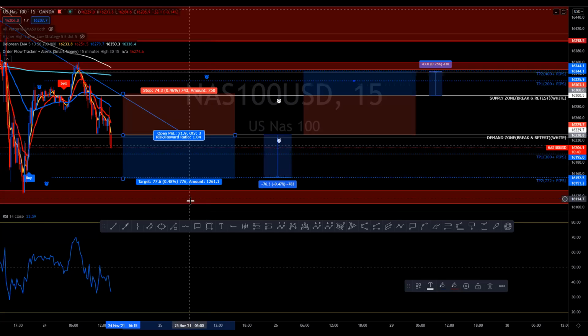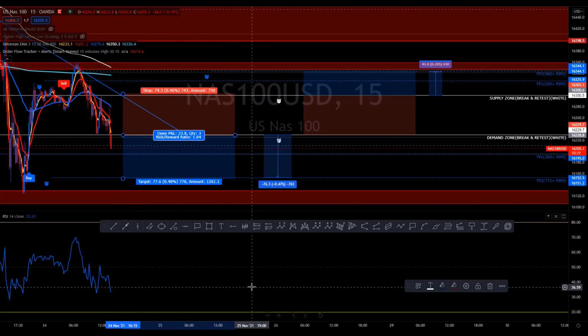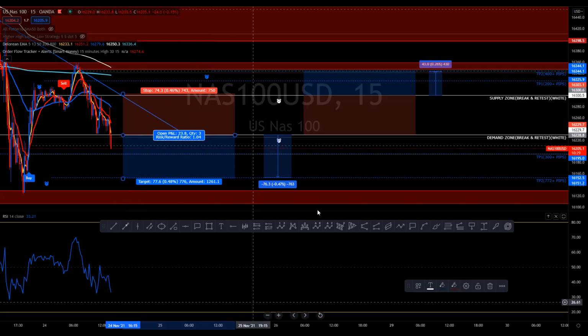Okay, so price did move past the wick here. So I went ahead and put in the sell because it really is moving down. So let me just share my phone screen and see if we can profit. It's like NAS really dropped pretty early this time.